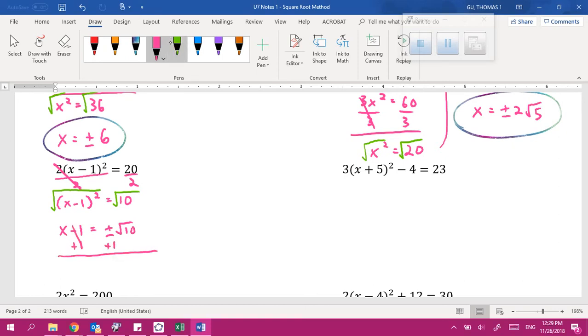And so when I add 1, that's going to give me x equals, and you can't combine the 1 with the number that's under the radical, so you just leave it separate. So it's just going to be 1 plus or minus square root of 10. And that's actually 2 solutions, because one of the solutions is 1 plus square root of 10, and the other solution is 1 minus the square root of 10. See that?